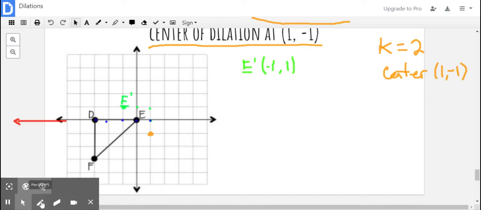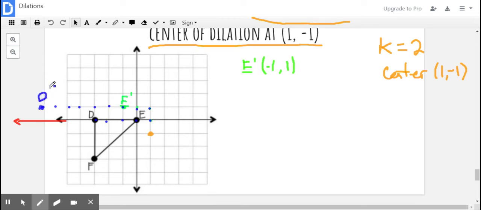And so that means that I need to go a little bit off my graph, but that's okay right now. So I'm going to go up 2 spaces instead, and then I'm going to have to go to the left by 8 spaces. 1, 2, 3, 4, 5, 6, 7, 8. So we're just going to say that this point over here is D prime.